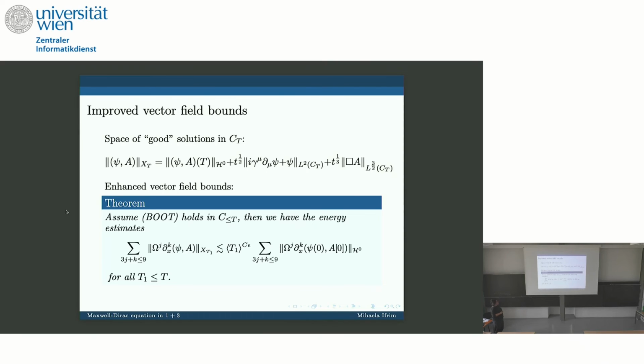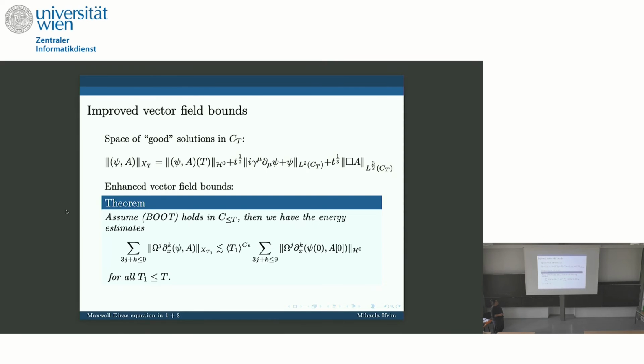So you see we came up with this norm, which we call XT, in which we don't only look at the solution of the Maxwell-Dirac, but we also add the source terms and we measure them in L2. I should be clear here, it's L2 in space and time, and here it's L3/2 in space and time.